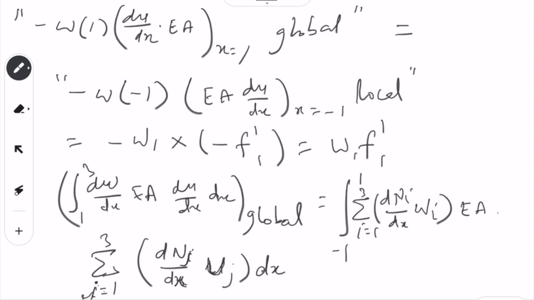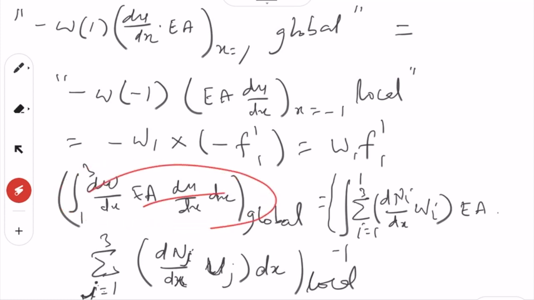Okay, so this is j, and this is in local. So this one is local. We are transferring that from global. We wrote it like this while deriving, but finally we are putting it in the local system.